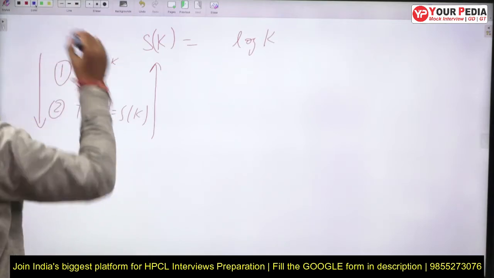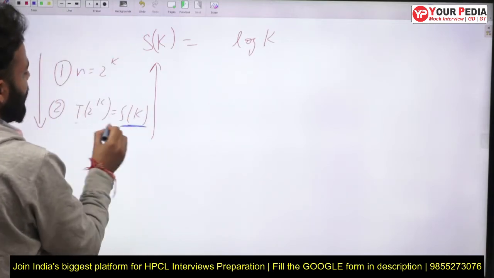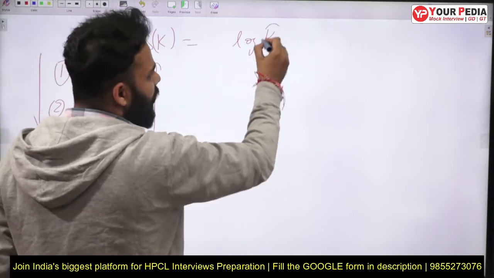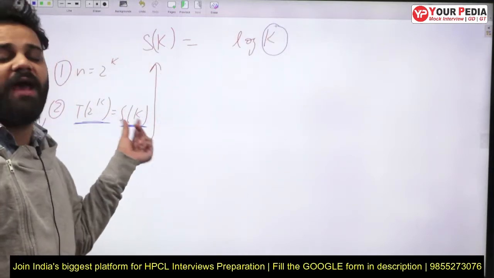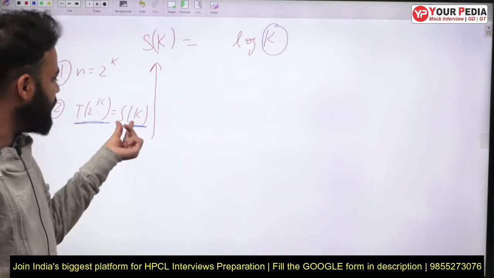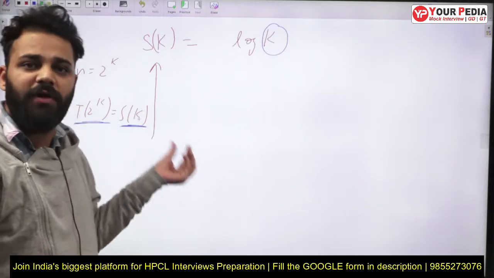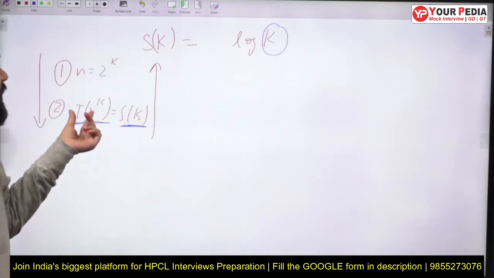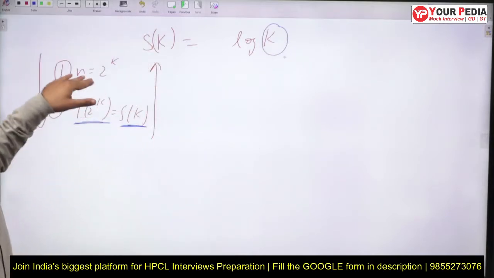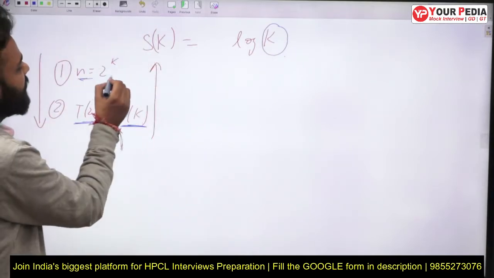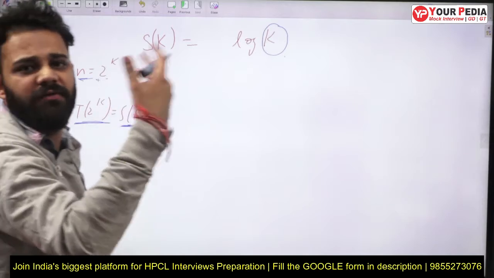So first of all, wherever you find S of k, you will put T of 2 raised to power k. You will not touch this k because the substitution was made on S of k, not k. The k substitution is the other one, and when we come to that substitution, only then will we replace it.